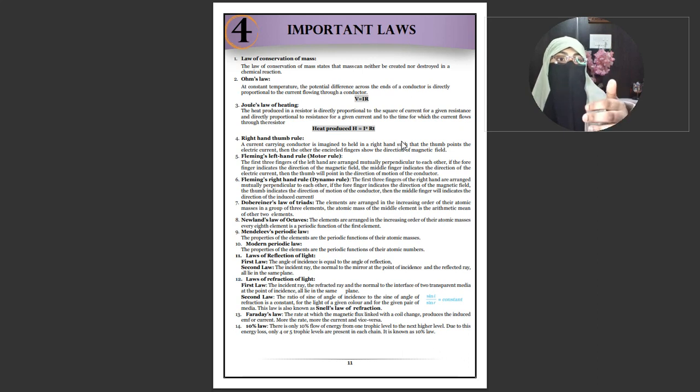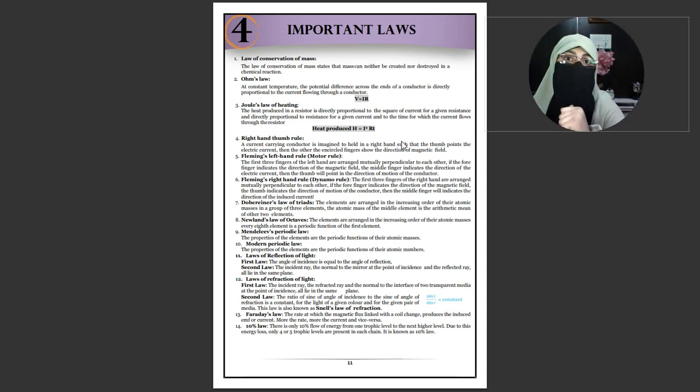That means if a conductor is held like this, then the current in the wire will be in the direction of the thumb, and the magnetic field will be in the direction of these circled fingers. I don't know whether it is visible in the video or not, but if it is held like this the encircled fingers will give you an overview of how the current flows.